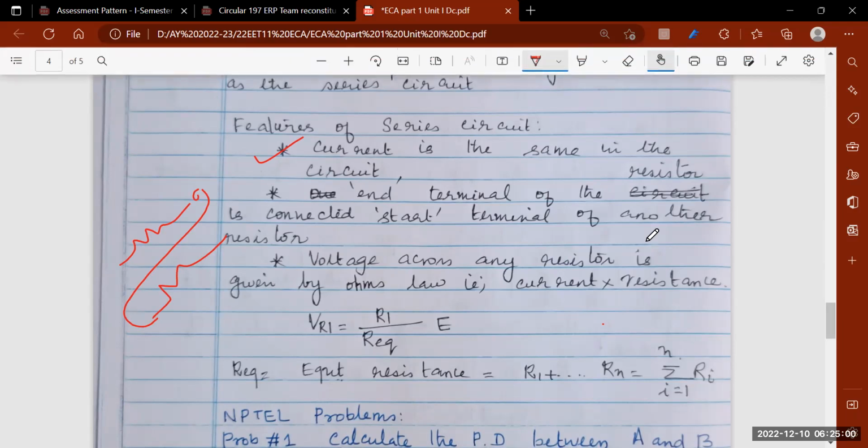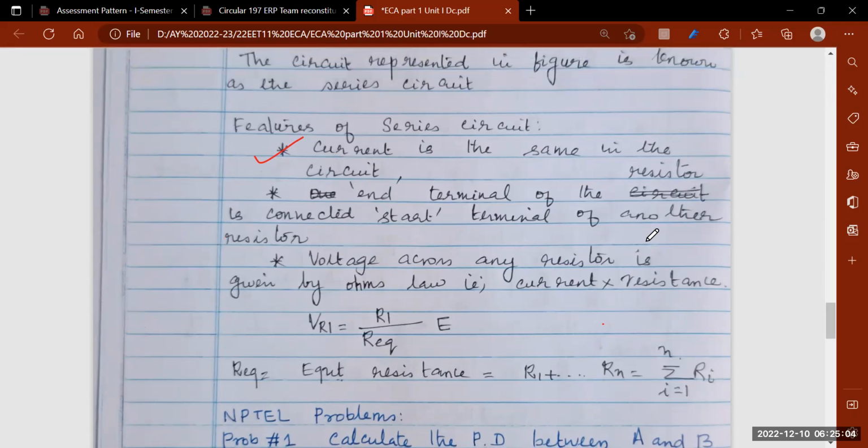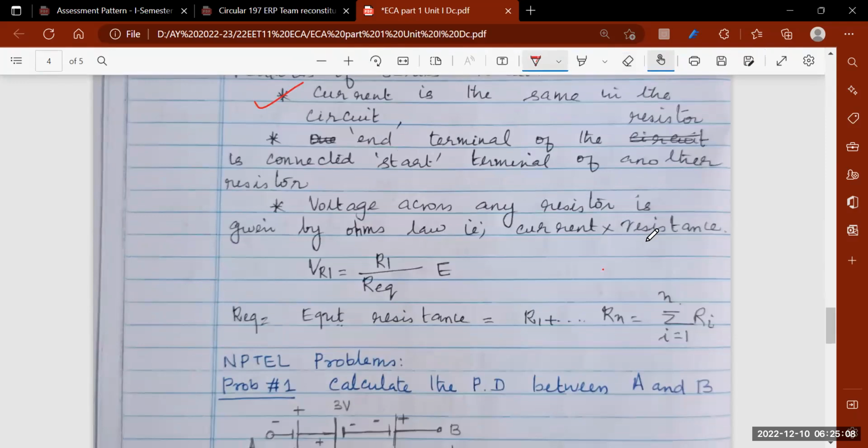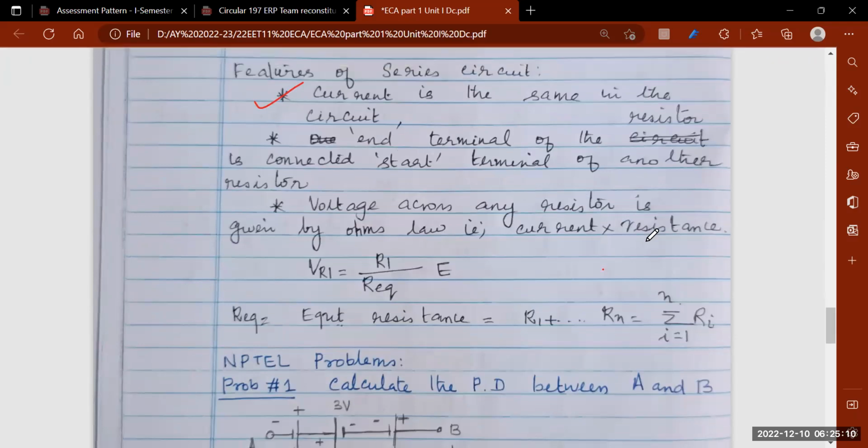And the voltage across any resistor is given by Ohm's law, the current into resistance. The voltage VR1, the voltage across any particular resistor, is given by that particular resistance value divided by the summation.